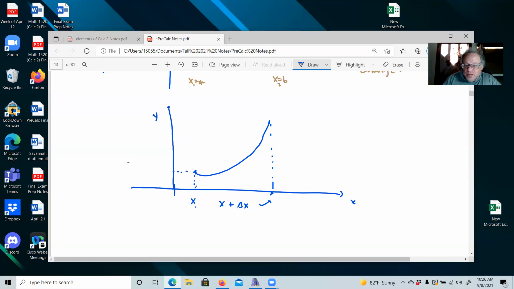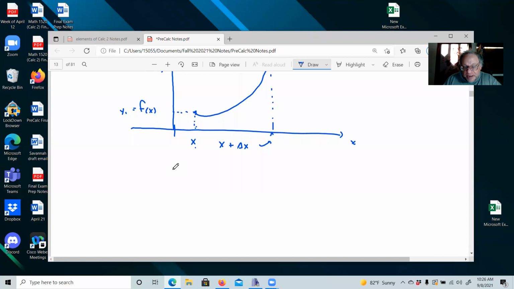So this y value, right, is just f(x). This is again over here. Come over here. And instead of calling it like x2, okay, we're going to call this f(x plus delta x).